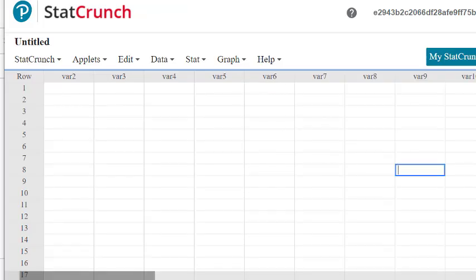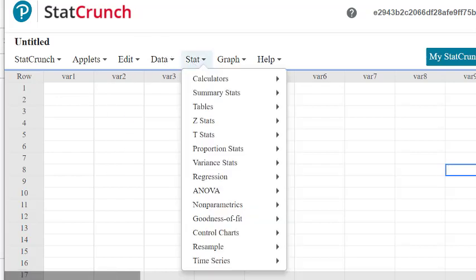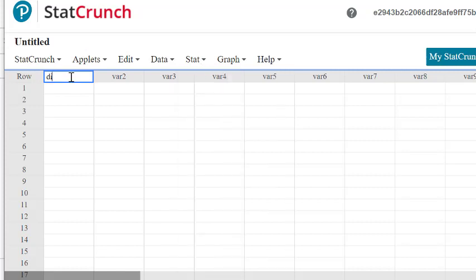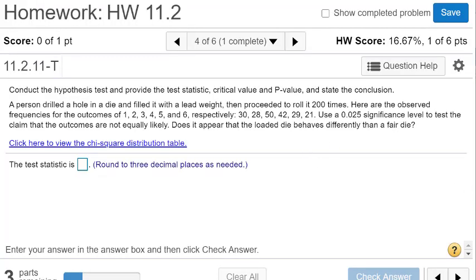Here's our StatCrunch page open, and we don't have the original data, so let's go ahead and put that in. So the die value is 1, 2, 3, 4, 5, and 6. Unfortunately, we're not able to just copy and paste this, so we just have to type it in.